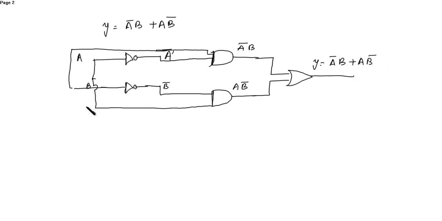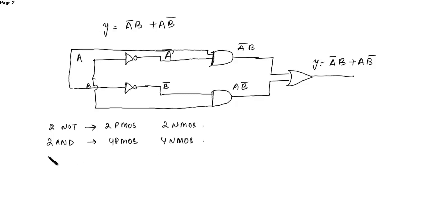Now in order to construct two inverters we need two PMOS, two NMOS. Then for two AND gates we need four PMOS and four NMOS. Then for one OR gate we need two PMOS and two NMOS.